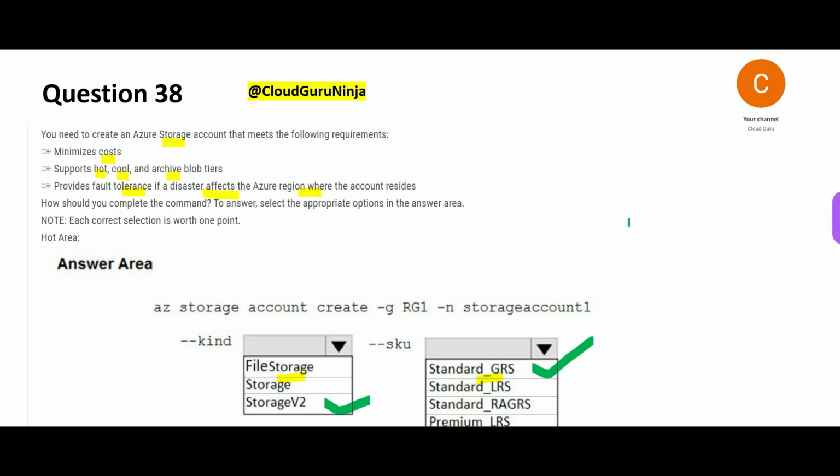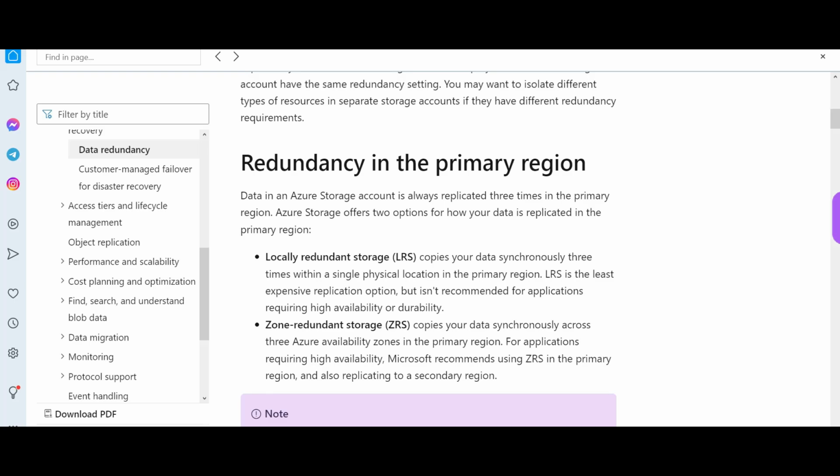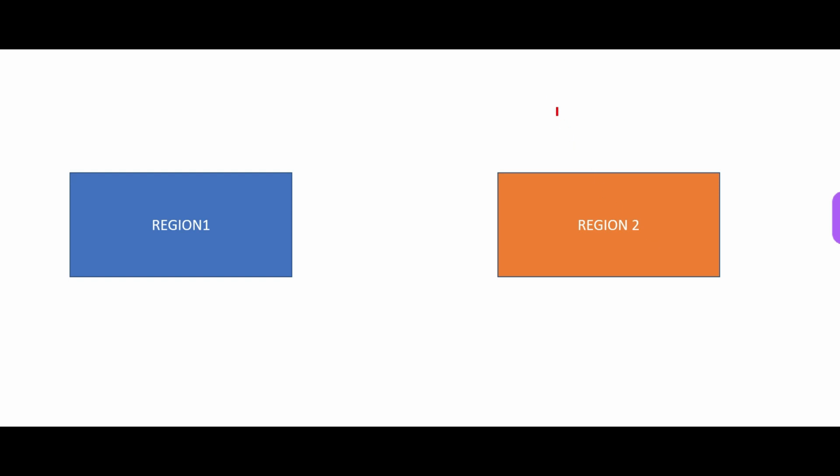But let us look at LRS. Now, what is LRS? It will copy 3 times. It will maintain 3 copies in the primary region only. You see here, LRS is least expensive, but it is not recommended because it is not having a copy in region 2. There is no secondary region.